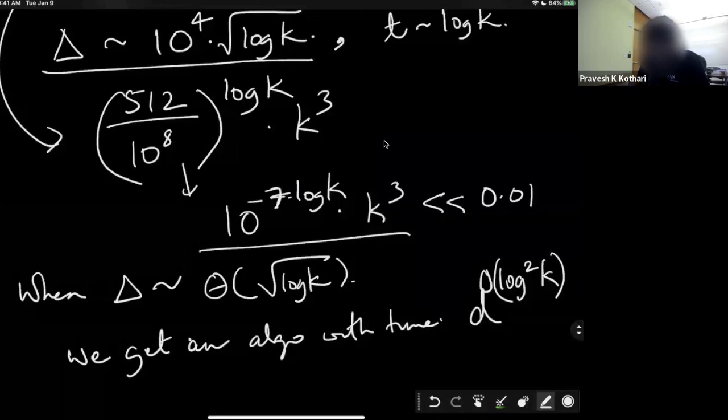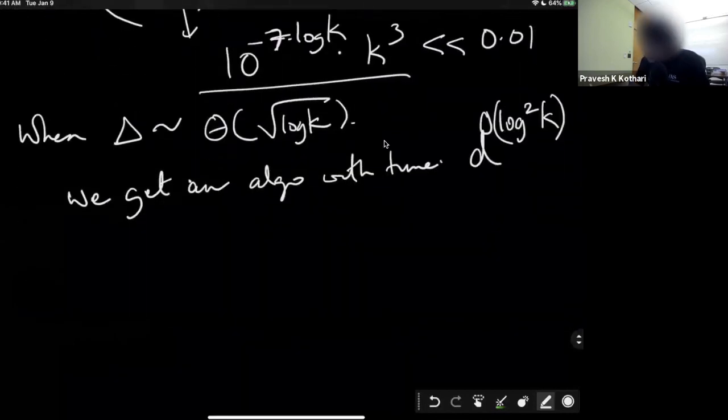It turns out that you can actually make this d to the log k with some effort, but we'll not do that today. Let's just focus on d to the log squared k. Does that make sense? We didn't get a polynomial in d and k time algorithm. We got something worse, but still much better than d to the o of k.